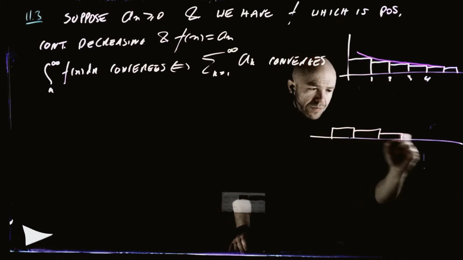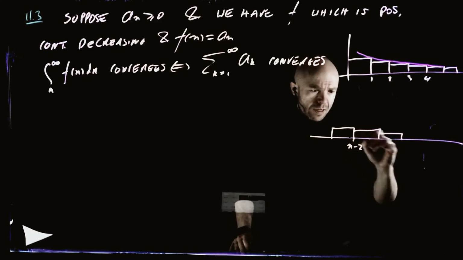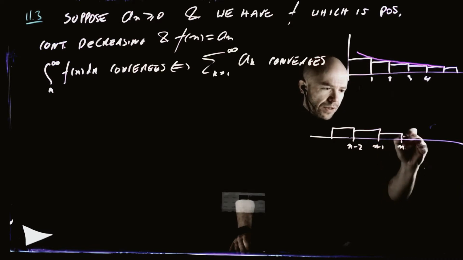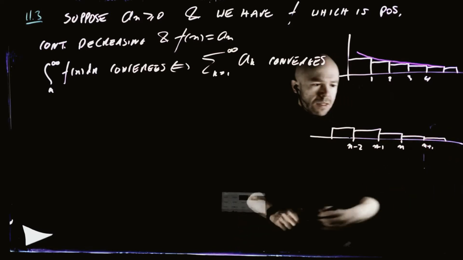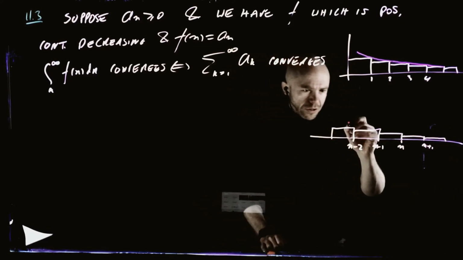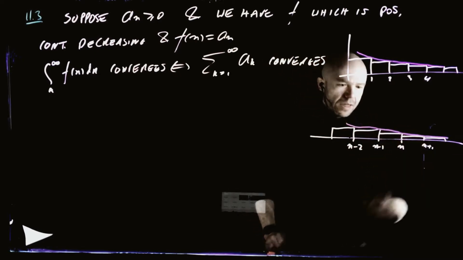And suppose this here is n minus 2. Right here, this is n minus 1. This here is n. And then this is n plus 1, and so on, like this. So we know our function goes through the top right-hand corner, like this.